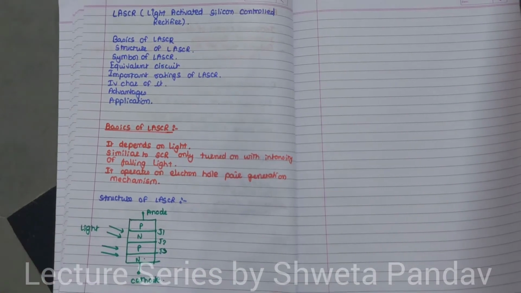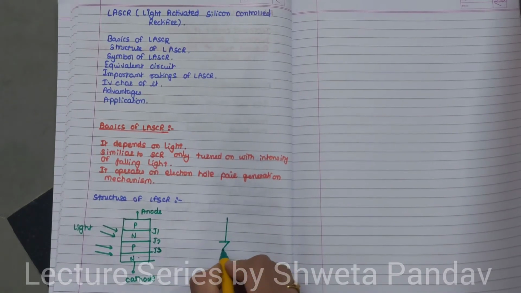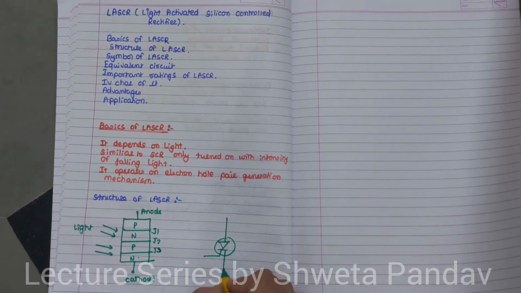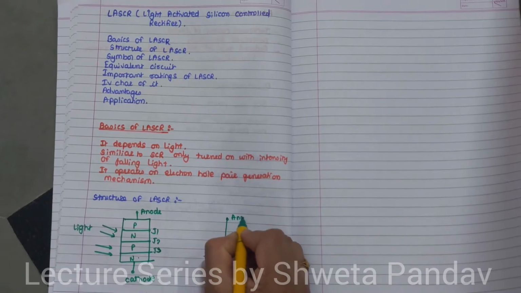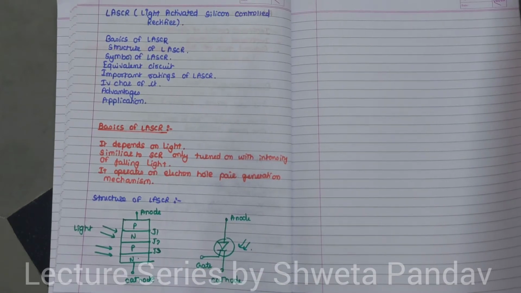So this is the construction. Let us draw the symbol for it. This is anode, this is cathode, this is gate, and this is the symbol of falling light. So this is the symbol of LASCR.